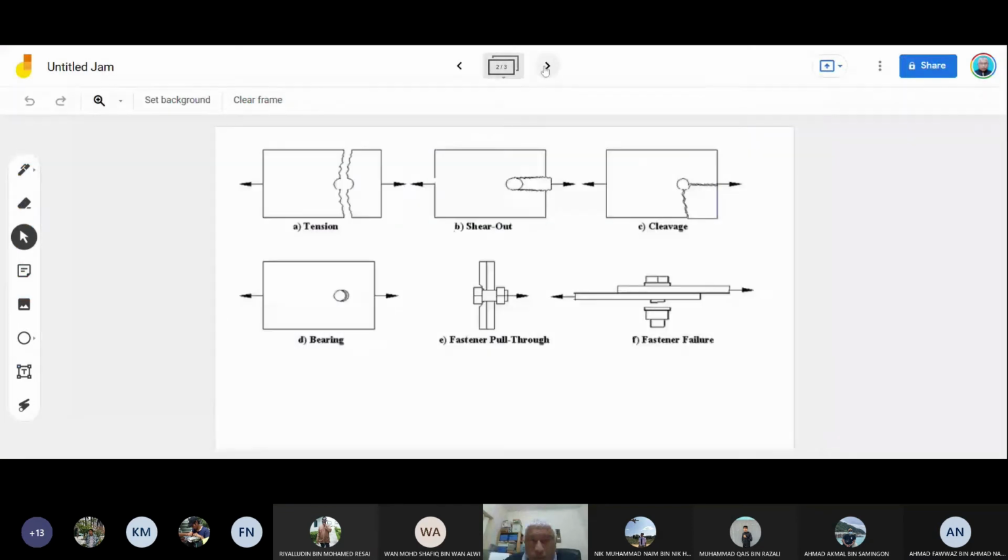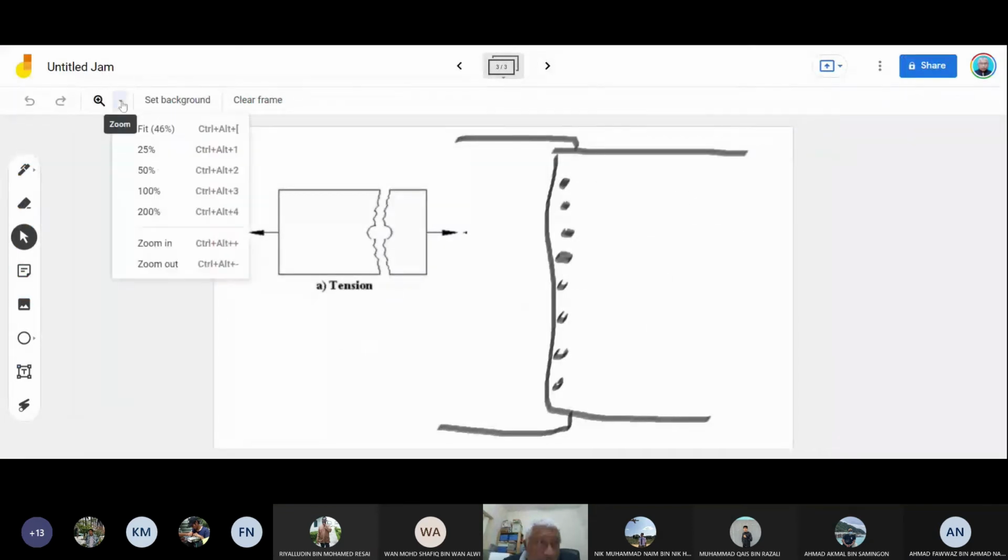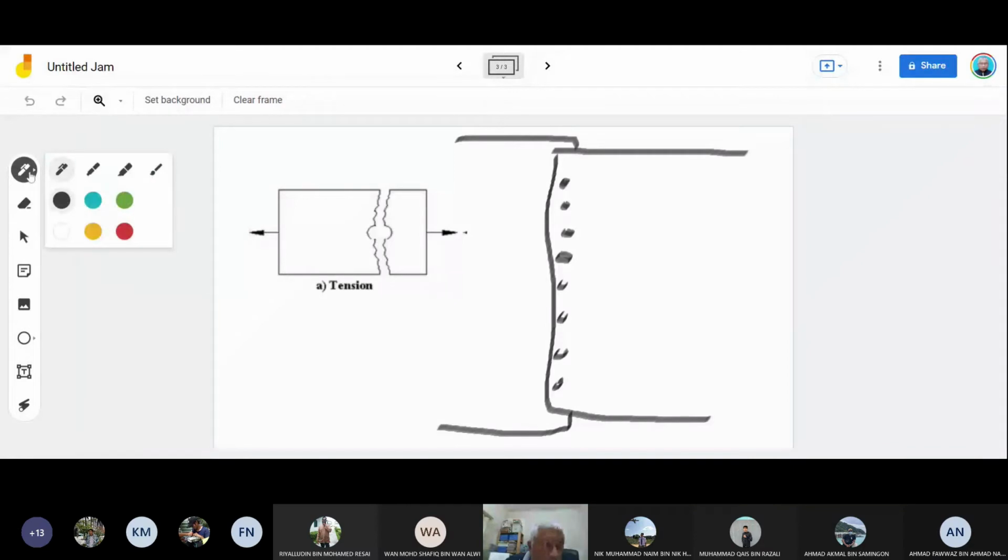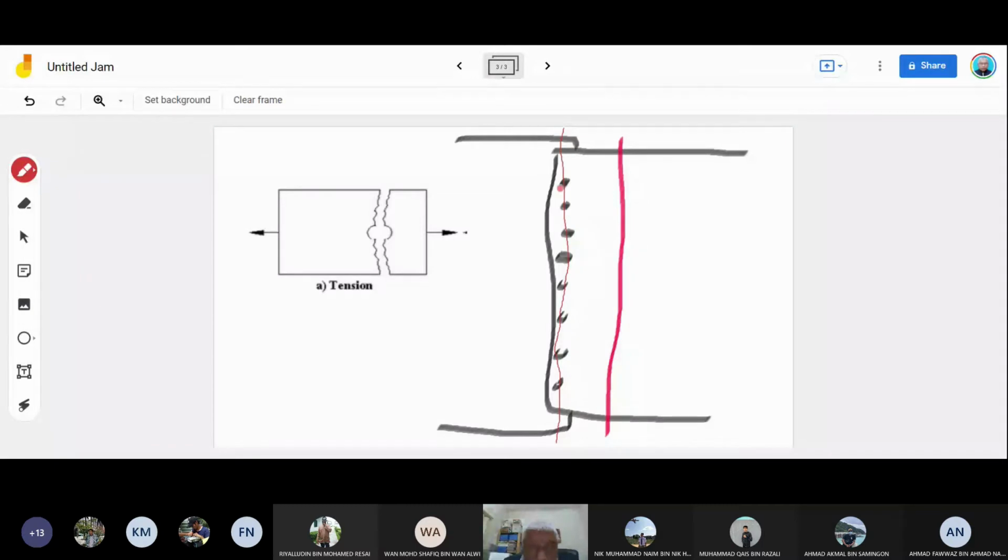The potential failure is this area, which will fail along this line compared to this area. Why? Because this area is already smaller. As you drill the hole, the cross-sectional area left is less.